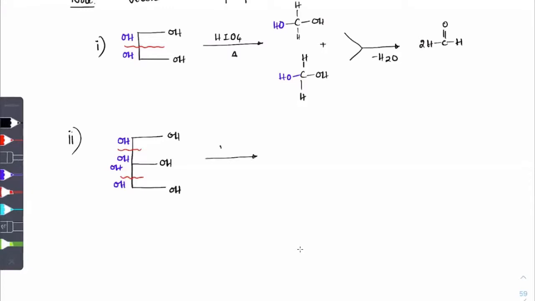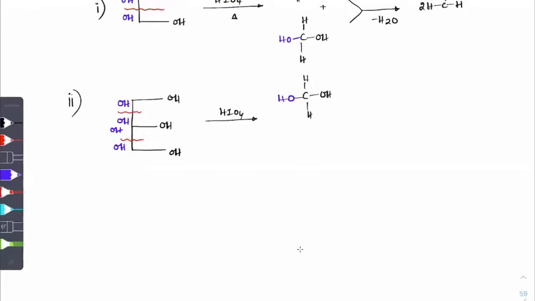So typically on breaking with HIO4, what do we get as the product? The top carbon will become HCHO. Or let me write the complete structure here: H, OH, H and one HO which got added here, plus, let's see the second carbon now. The second carbon has H and H with two OH groups on it.